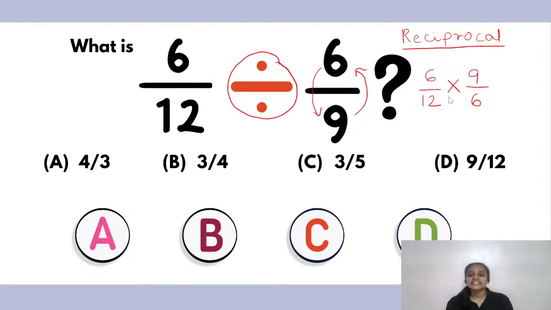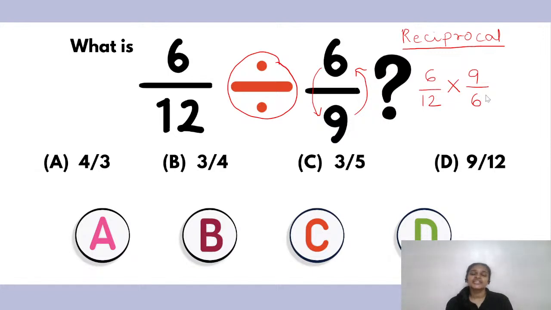This is called reciprocal, where I am inverting the fraction. I'm changing the position of the numerator and denominator of the second fraction so that now I can easily do the operation, because dividing fractions is not at all convenient. That is why we come up with this easy way: we put a multiplication sign and simply exchange the numerator and denominator of the second fraction.